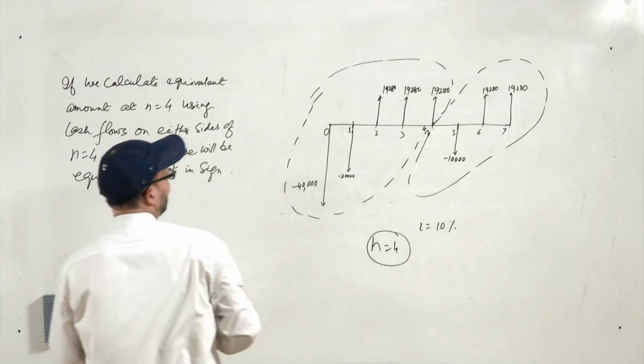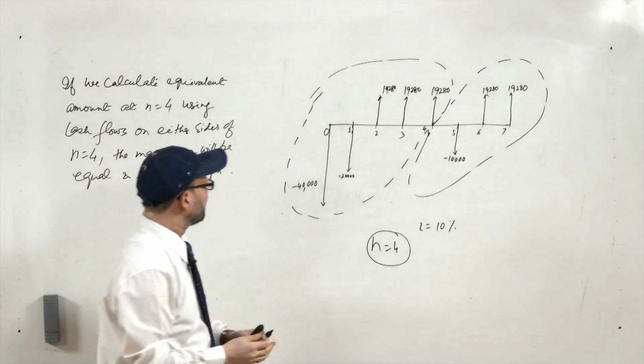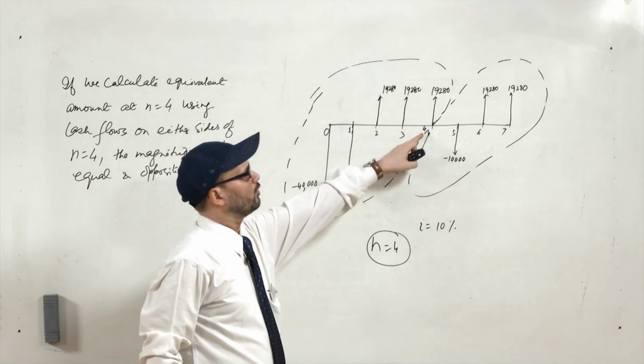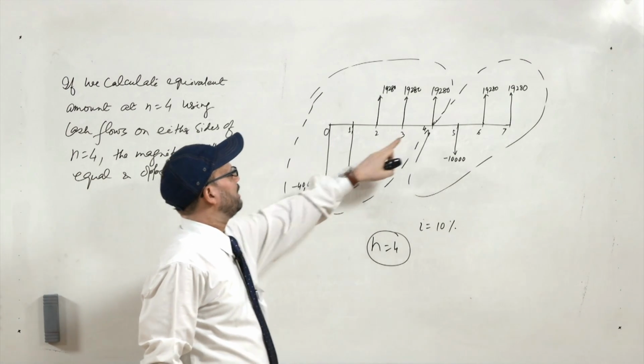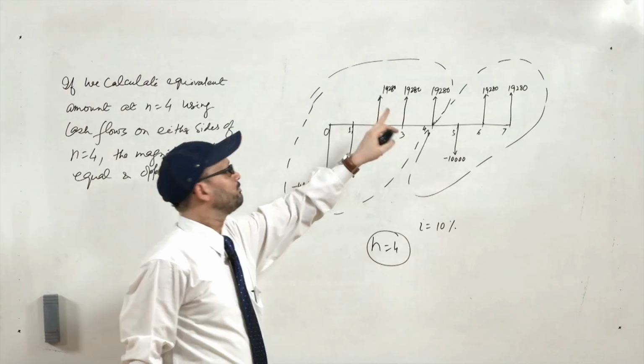So, if you try to find its worth at this point, it will be minus 40,000 multiplied by F by P, I, 4 plus again minus 20,000 F by P, I, 3 plus 19,280 into F by A, I, 3.